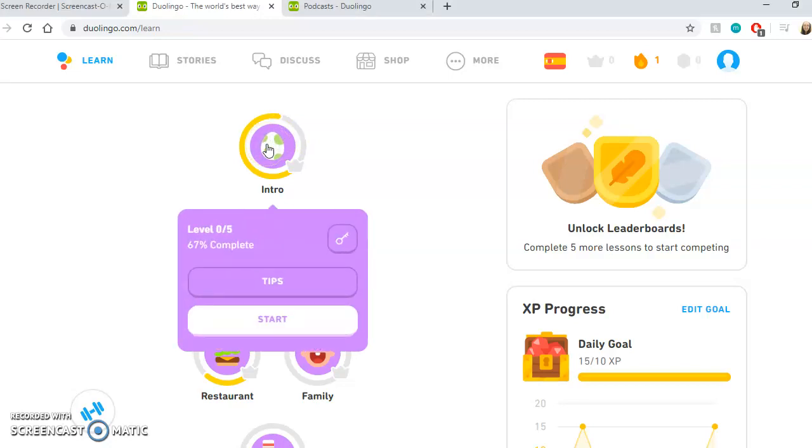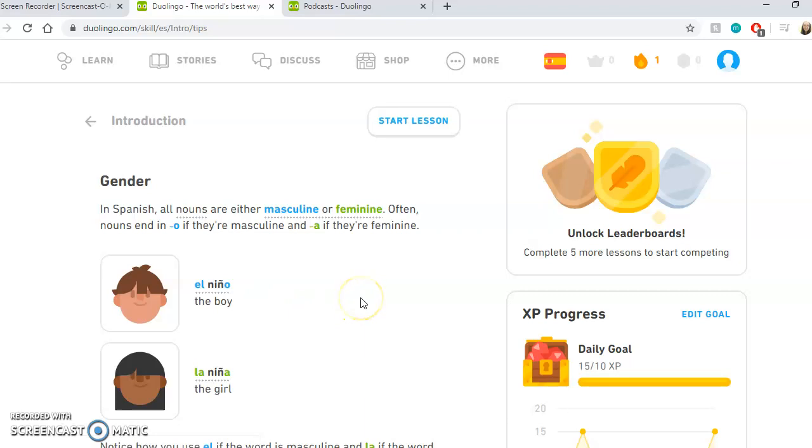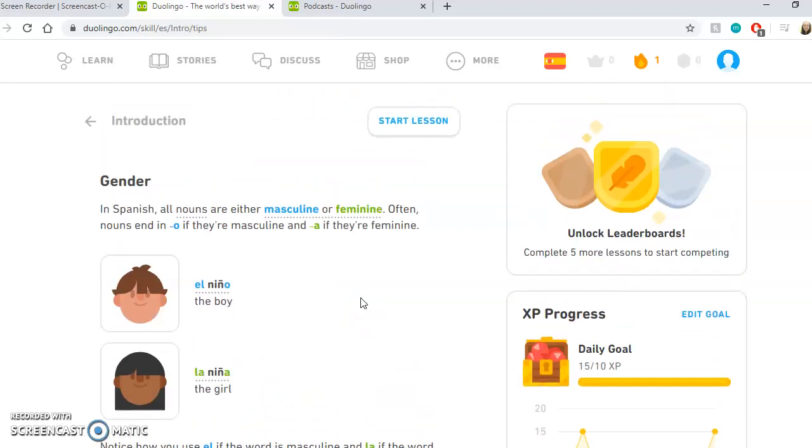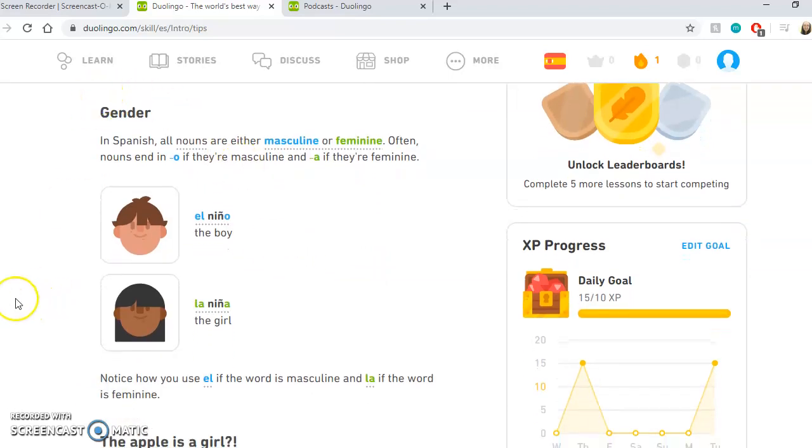So we have intro here, and one of the first things that you can do is start to go through what you might be learning in this lesson that you're about to take. For example, this is the introduction, and it's going to go over feminine and masculine nouns, so gender.